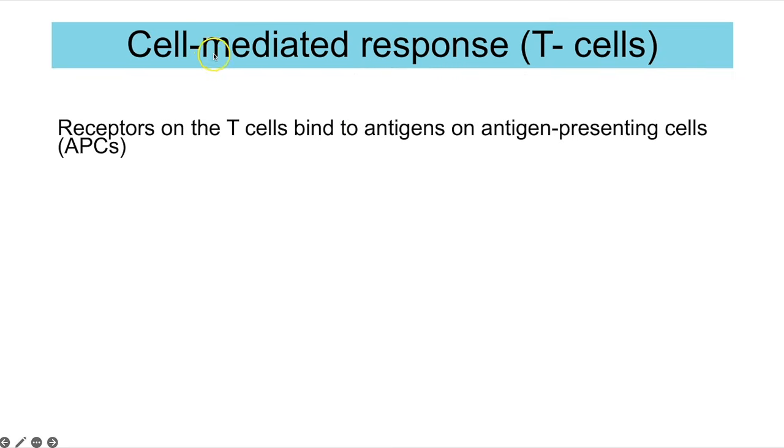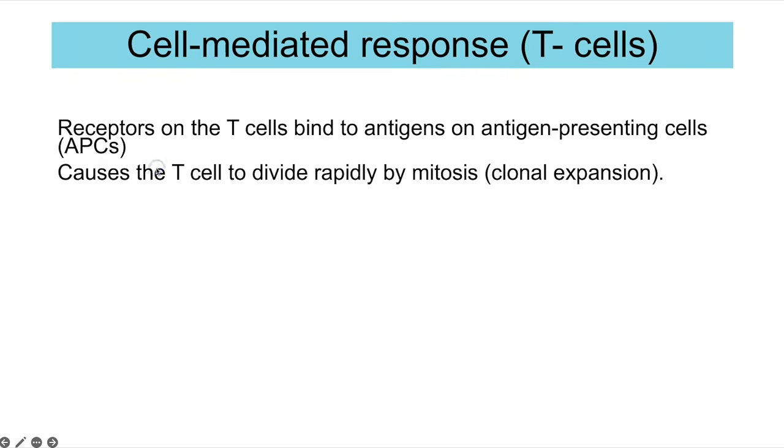So we're going to have a look at the cell-mediated response, which is the response which involves T cells. It's called the cell-mediated response because it involves these T lymphocytes binding to antigen-presenting cells. So it's binding to cells themselves, which happen to have the antigen on their surface.